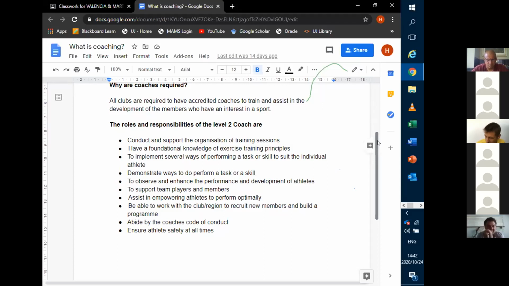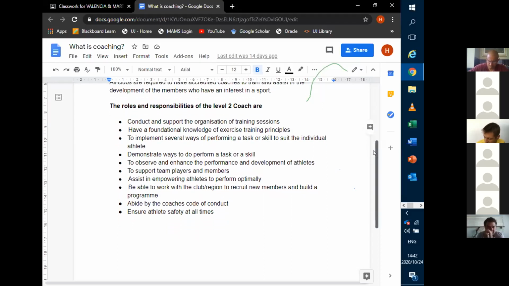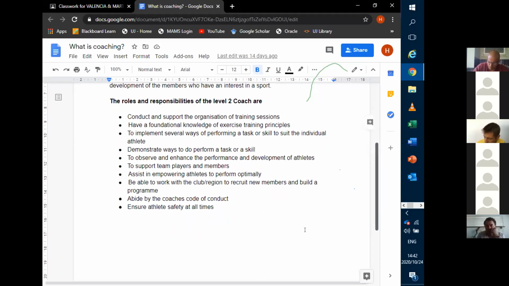Okay. Now we're going to go on to the roles and responsibilities of the level 2 coach. Here are some of the roles: to conduct and support the organization of a training session, have a foundational knowledge of exercise training principles, and implement several ways of performing a task or a skill to suit the individual athlete.